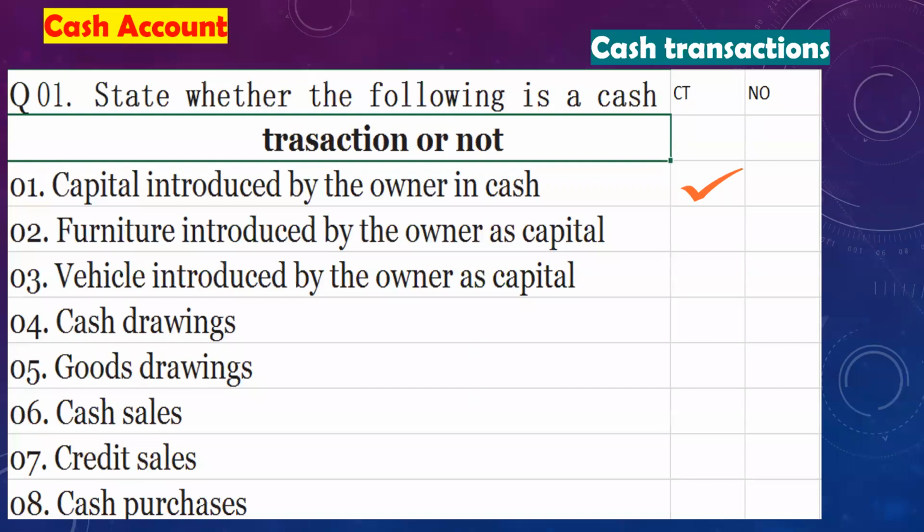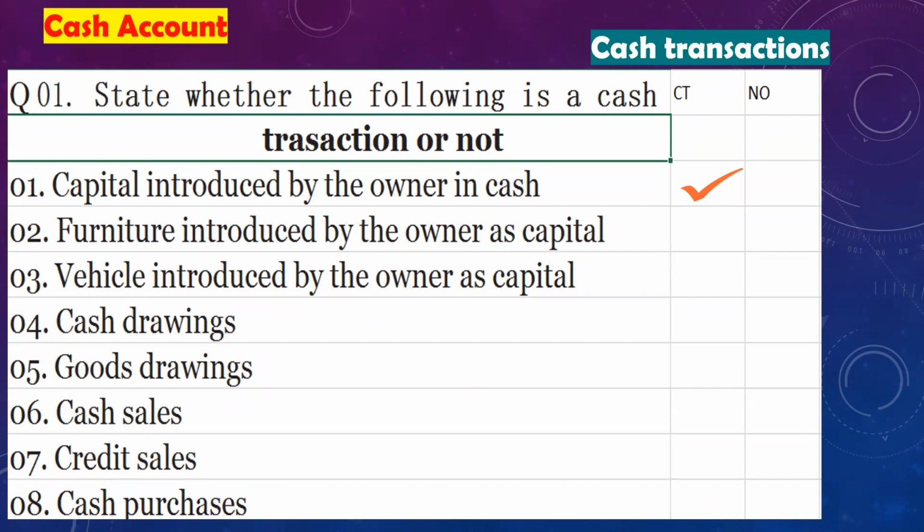I always emphasize that. Remember that you are inside the business. When owner introduces capital, we are receiving money from owner. So there is a cash movement over here. We call it a cash transaction. If you have doubt, please ask me.